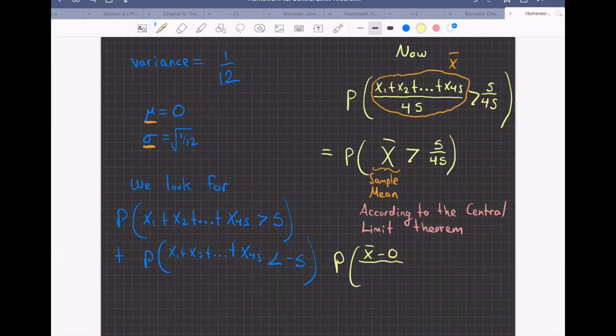The value for sigma here is the square root of 1 over 12, over the square root of n, that is the square root of 45, is greater than 5 over 45 minus 0, divided by the square root of 1 over 12 divided by the square root of 45.